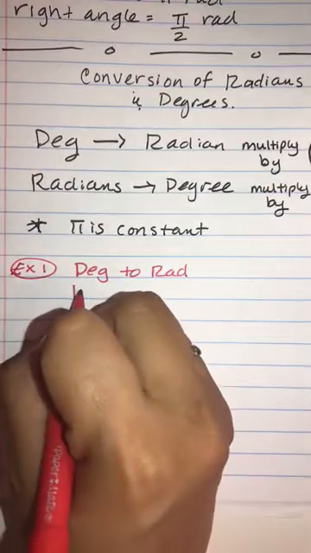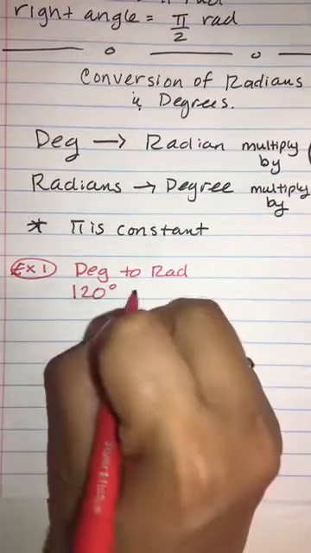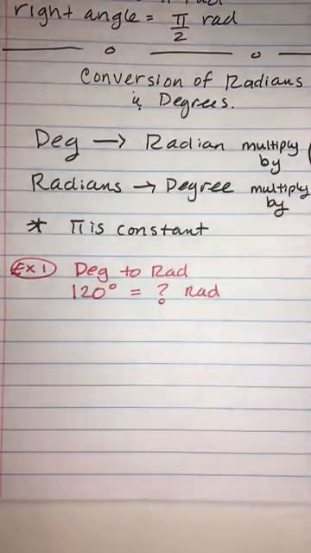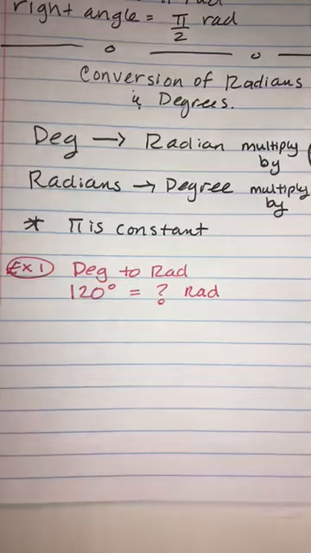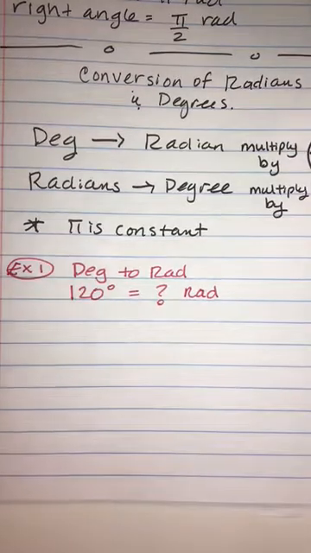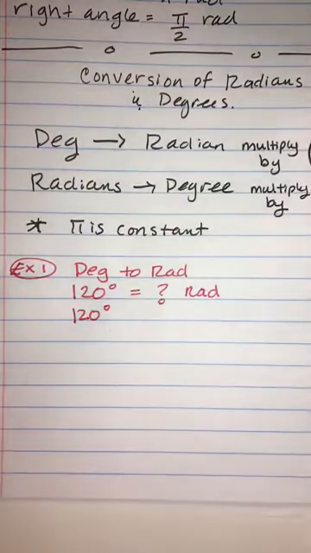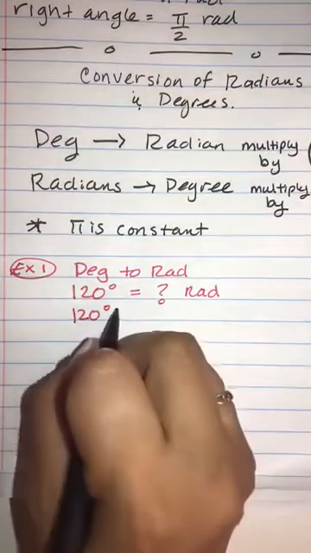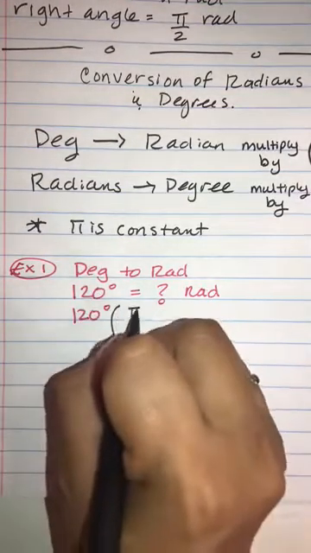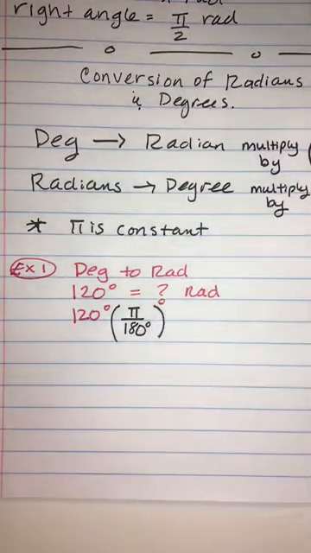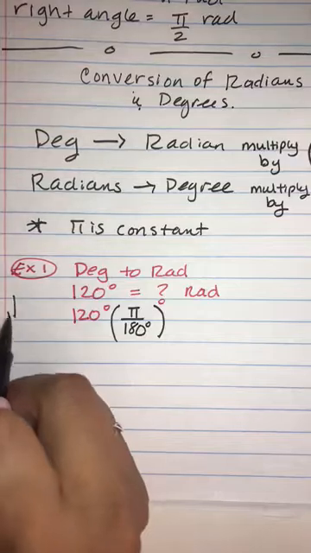So 120 degrees equals how many radians? So you're going to say 120 degrees, you're going to multiply by pi divided by 180 degrees, and we're going to work downward.